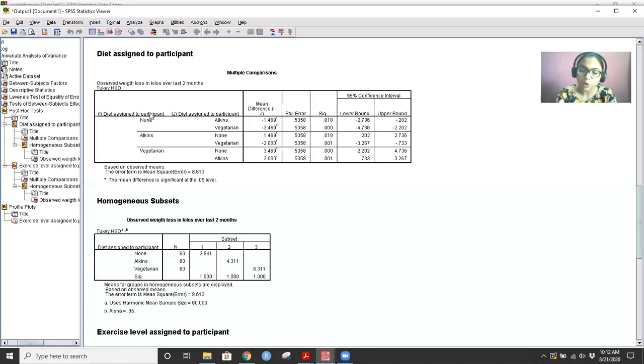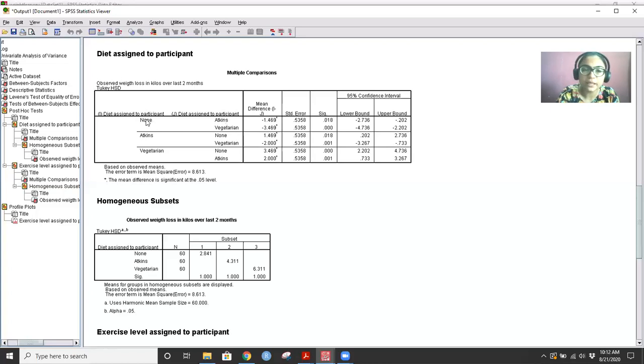Okay, so we can now know exactly which means are not equal. We have the difference in weight loss, my dependent variable, between no diet and Atkins diet. Atkins is a type of diet.